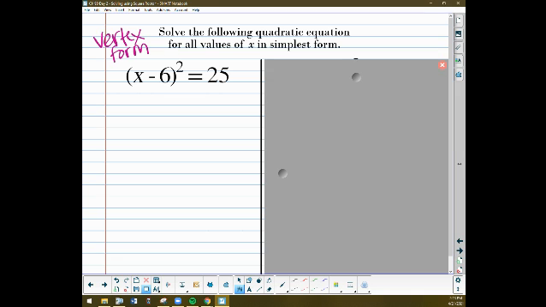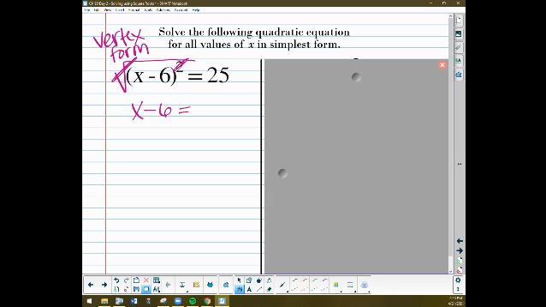Because I have parentheses squared, I need to get rid of those parentheses first. So we have to get rid of the squared first. So remember, in order to get rid of the squared, we take the square root this time of the whole thing, and those are going to cancel out. And now x minus 6 is free. It's free from those parentheses.